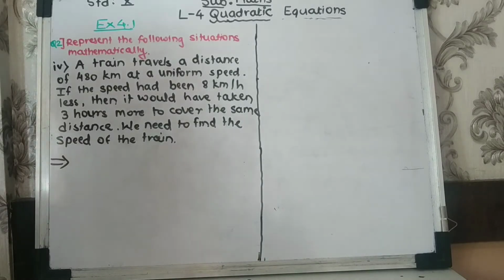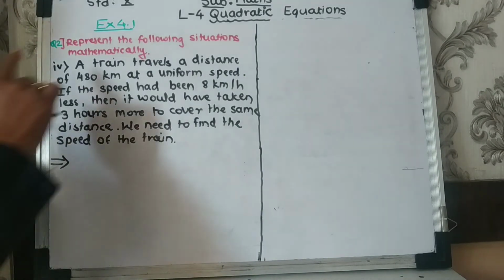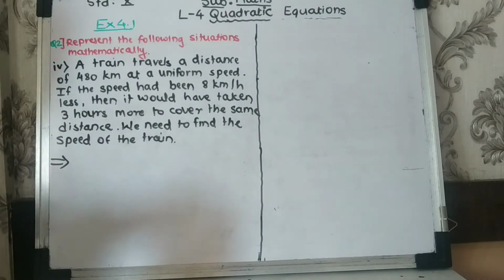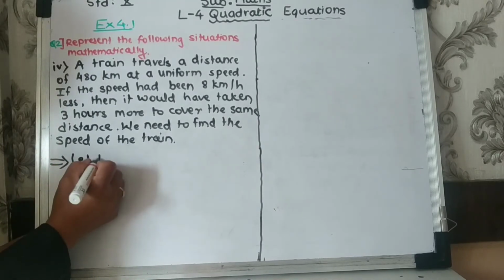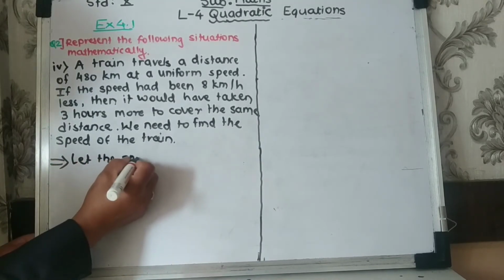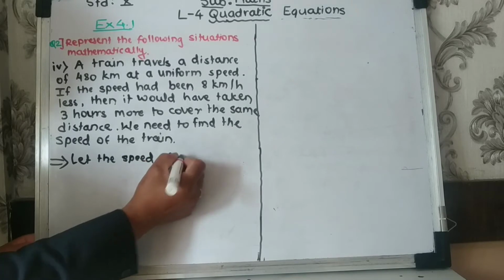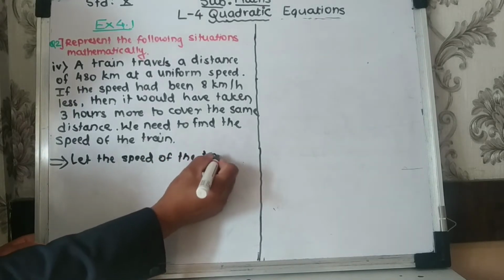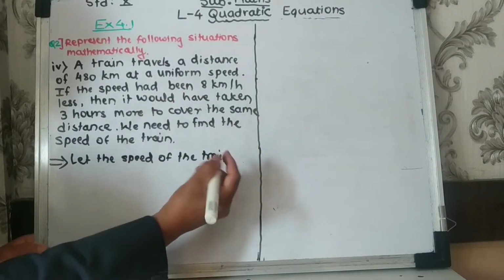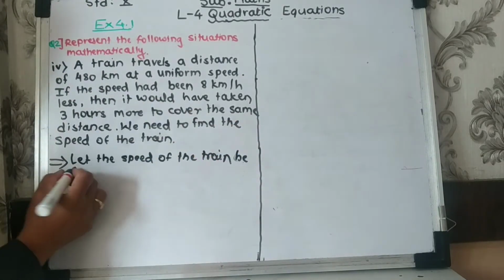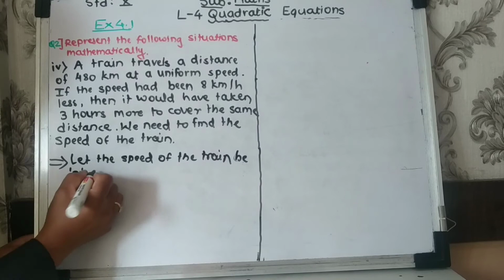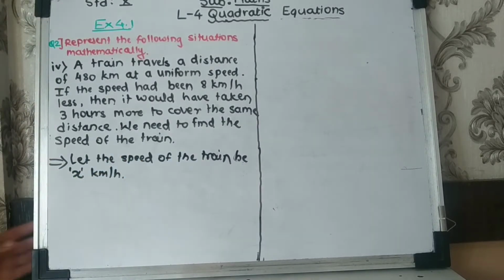So first of all, what we are going to do here: let the speed of the train be x. We will write, let the speed of the train, you can write uniform speed also, be x kilometer per hour, right? So this unit I have written.